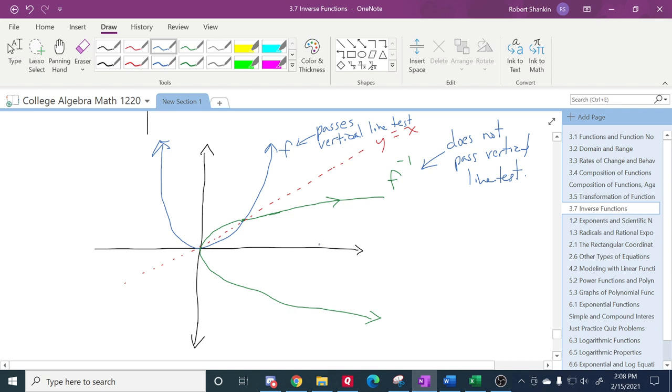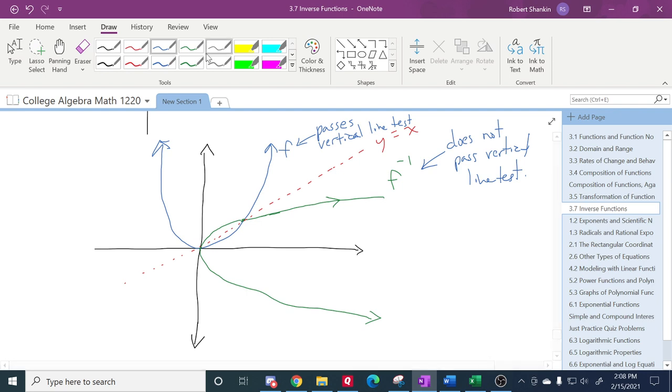All right, in math, what we're mostly interested in is functions. And we want the inverse to also be a function. All right, how do you get the inverse to be a function? This is what I was referring to earlier.